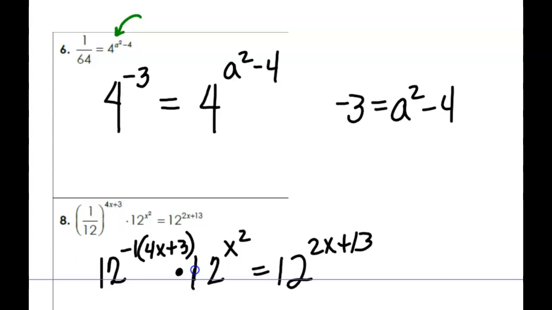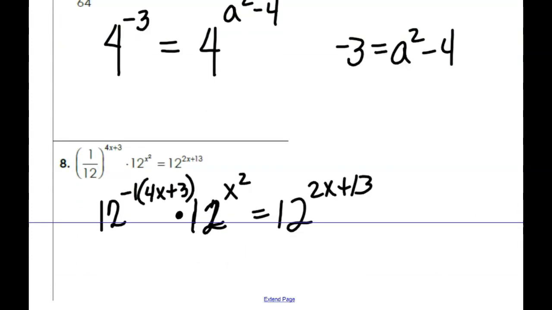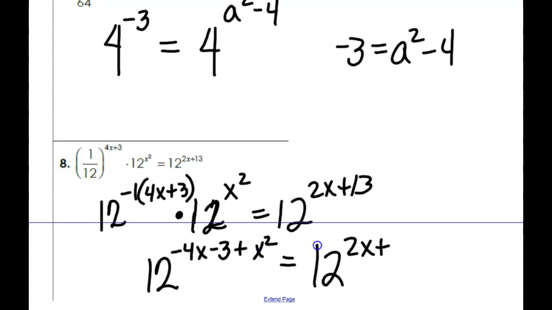This doesn't look like a 12. Okay, what do you do when it's multiplied to the exponents? Add. So I'm going to distribute right now negative 4x minus 3, and then I'm going to add that x squared. Okay, so then you'd have to set those messy exponents equal, and you'd have to get it equal to 0 and factor and garbage like that, okay?